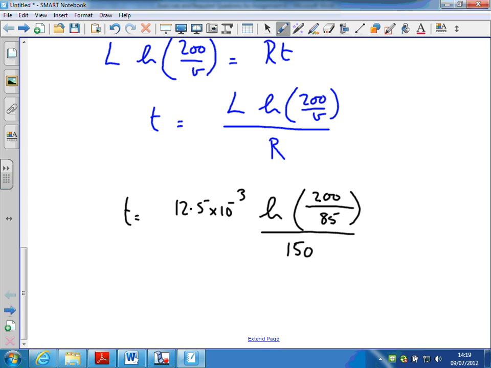And then you should get the answer in the textbook. All over, by the way, this bit here, of course, you can write divided by, to get over 150, rather.